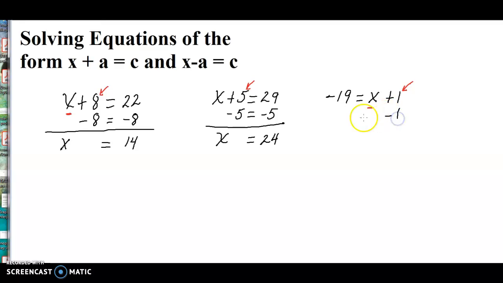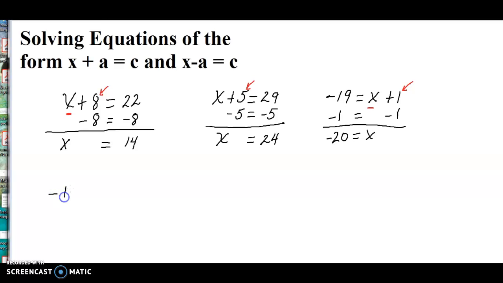And whatever I do to one side of the equation, I have to do the same thing on the other side of the equation. So negative 19 minus 1 is a negative 20. And then we have x. And so I've solved for x there.